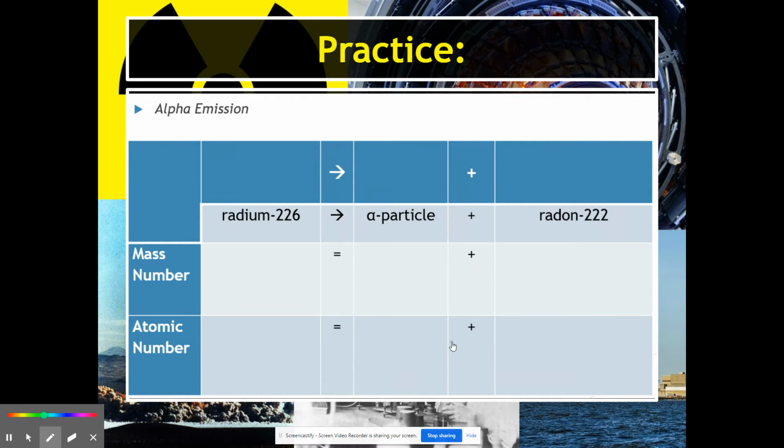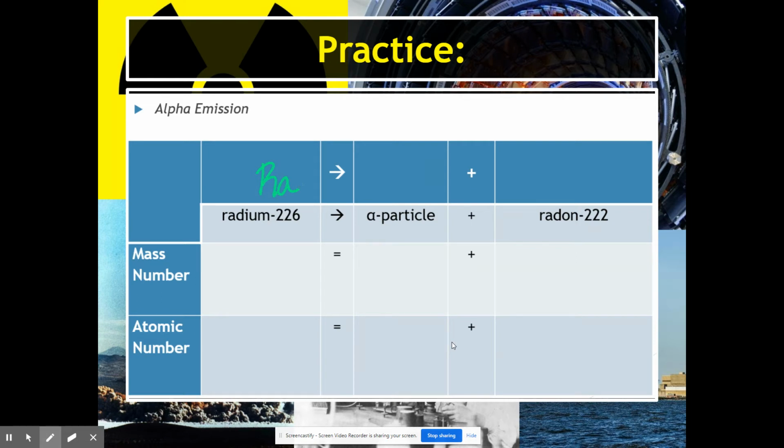Okay, we're going to go through some practice here. I'm going to talk through one, and then you should pause the video and try to do the other 2 on your own. So our first one is alpha emission, and we have radium-226 giving off an alpha particle and changing into radon-222. So I have radium-226.